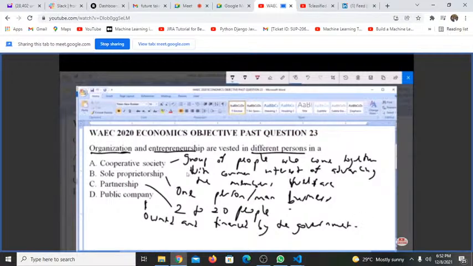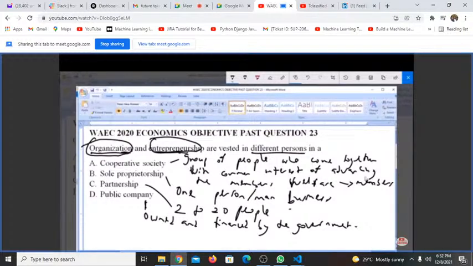Now, as it regards to organization and entrepreneurship, organization refers to the structure, the ownership of the firm. And then entrepreneurship refers to the day-to-day running of the business, the management of the business. Now, in a cooperative society, yes, you have members who own part or who are part of the organization of the society.